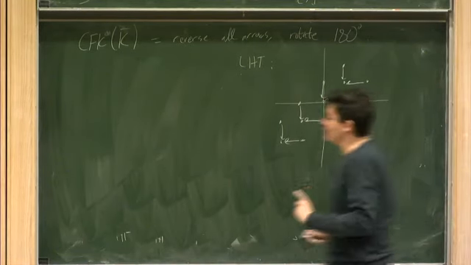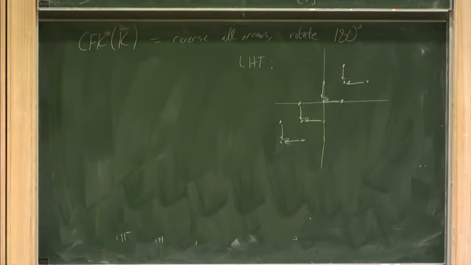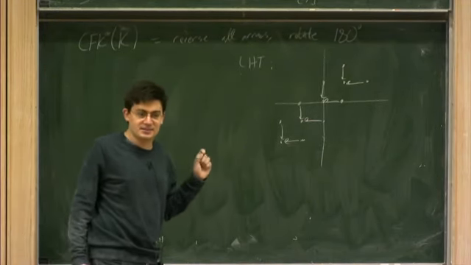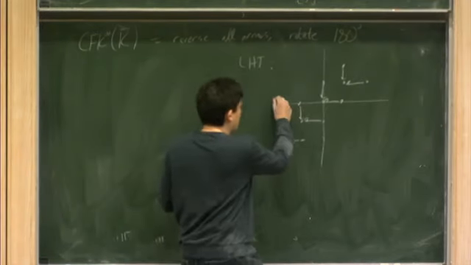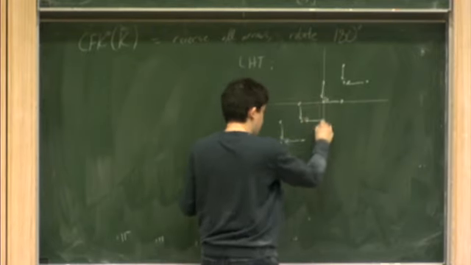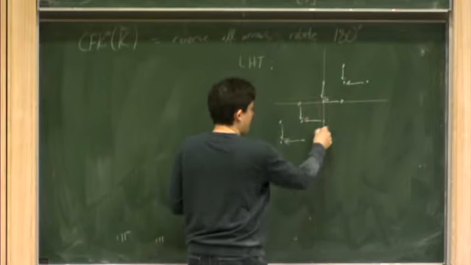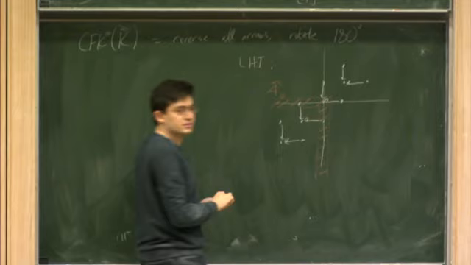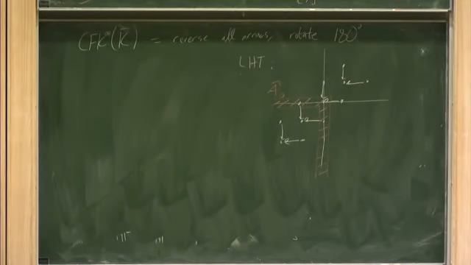Okay, so now let's quickly look at what happens if I try to do large surgeries on the left-handed trefoil. I'm going to look at the A hat 0 complex.